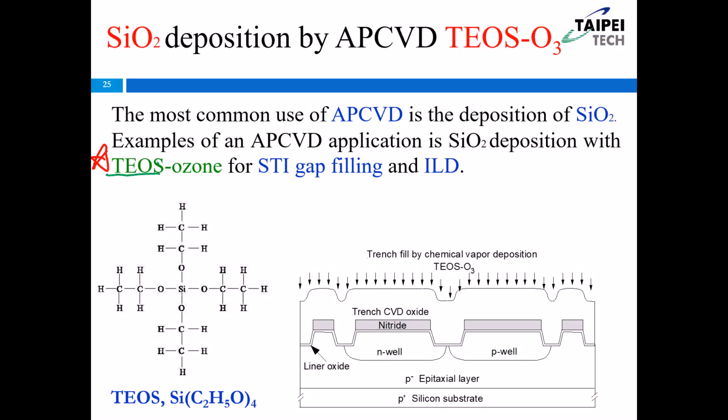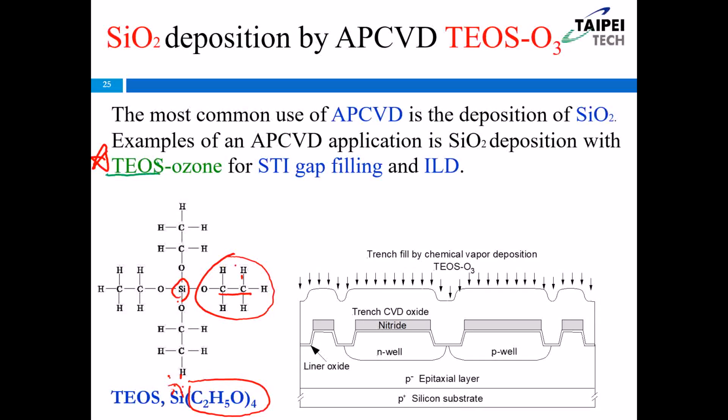For the precursor TEOS, you see we have the silicon here, and we have C2H5O. We have four C2H5O, 1, 2, 3, 4.